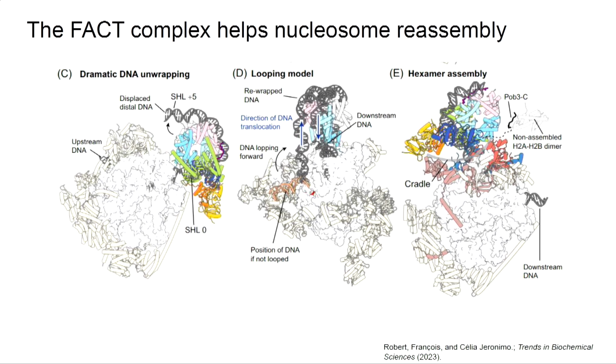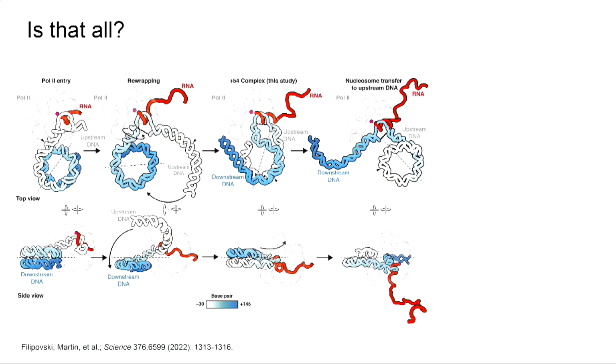So to go ahead to the final slide, as always, biology is not so simple. Within the same duration, there was another group which published a different set of structures. The previous ones which I was showing were from yeast RNA polymerase. These are from mammalian RNA polymerases, and here the picture is slightly simpler.